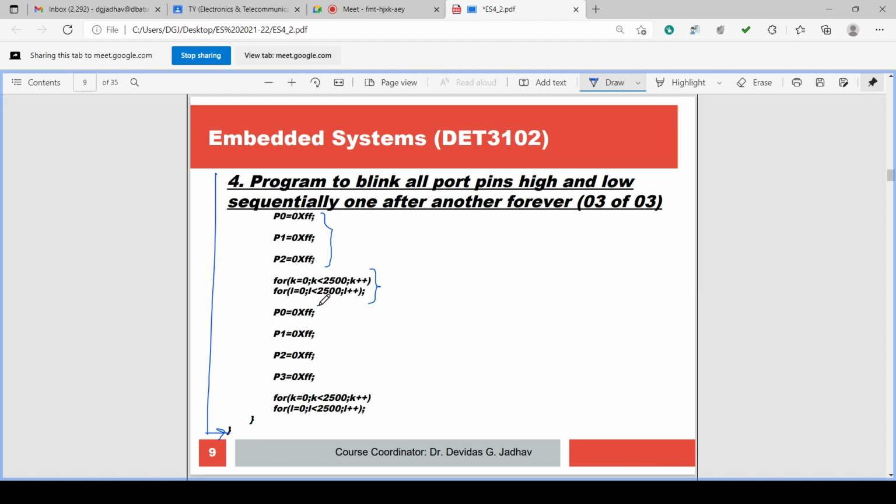Now after the delay, all four ports are outputted 11111111. That means all 8 pins are 1 for all 4 ports. P0 is 0xff, P1 is 0xff, P2 is 0xff, P3 is 0xff.